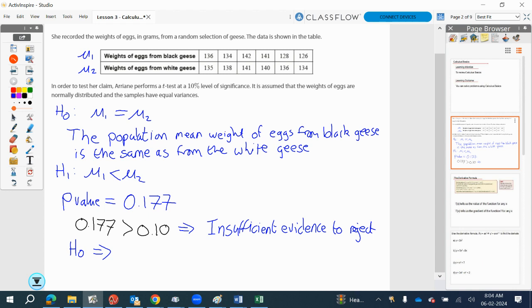It doesn't accept, it supports. Does it support or not support the claim? It does not support. It indicates that the null hypothesis could be correct, which means her claim is wrong.